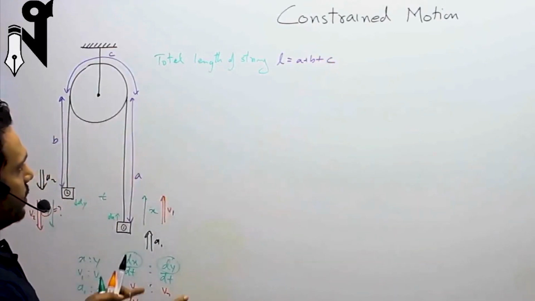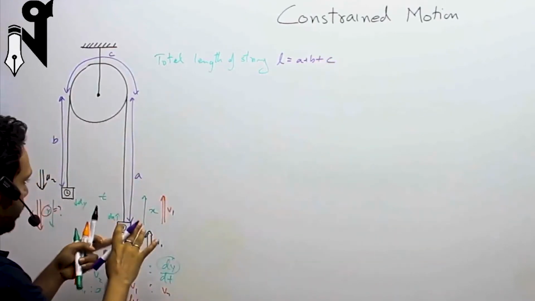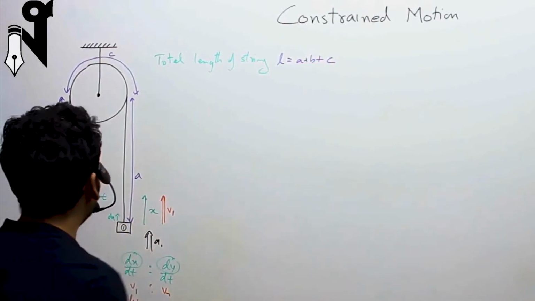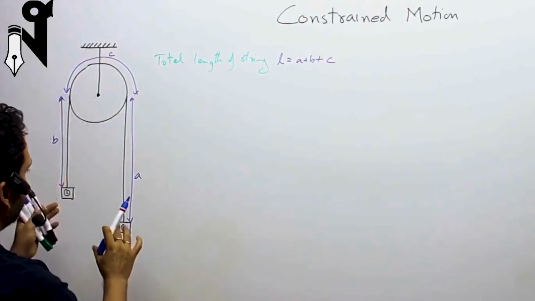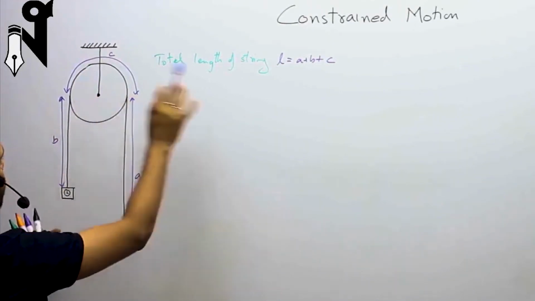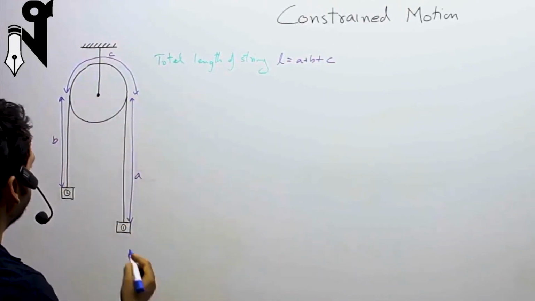Now the length of the string is never going to change. Now we'll draw the new situation. Let me clear this off first. Now I'll draw the new situation over here on the same diagram and not separately.